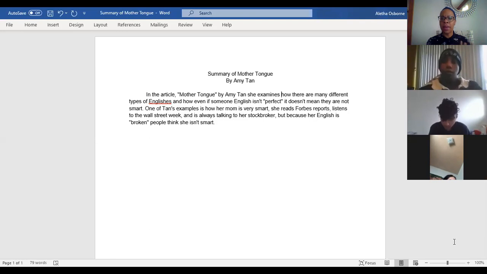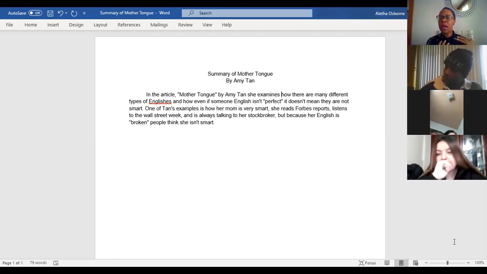So it was all about the use of different Englishes. You guys want to make sure that main point is clearly and accurately stated in that first line of your summary. So some of you have your summaries in front of you. Take a look at that opening line. In the opening line, it should include the title of the text, the author's name, and a strong verb to lay out the author's main idea.